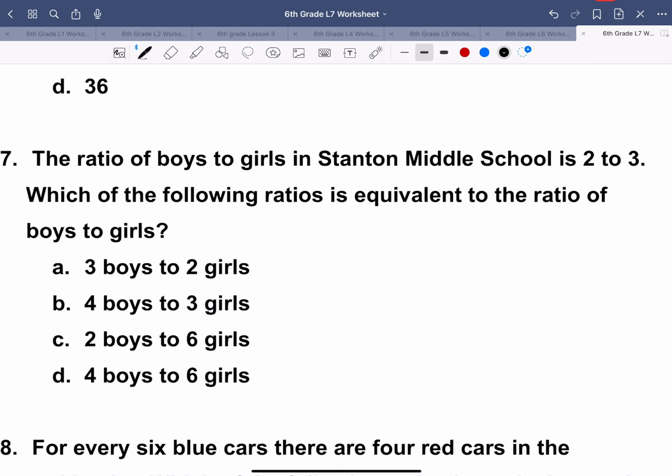So for this one, since we know the ratio is 2 to 3, which is 2 boys to 3 girls, we can look at the answer choices and see which fits best. In this case, it would be D, because we multiply these by 2 to get 4 to 6.